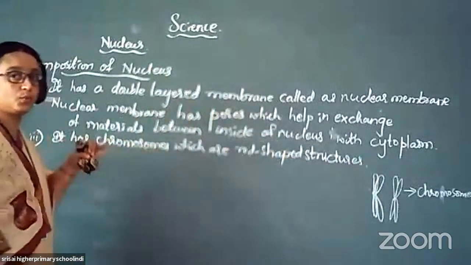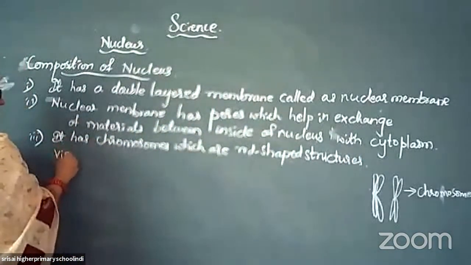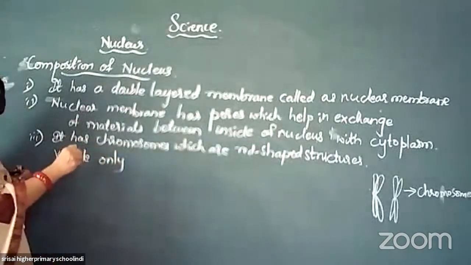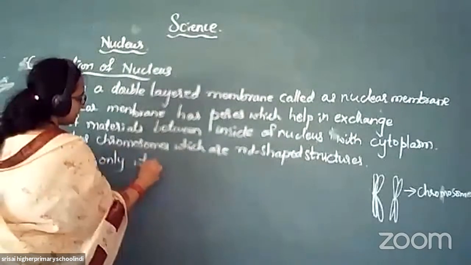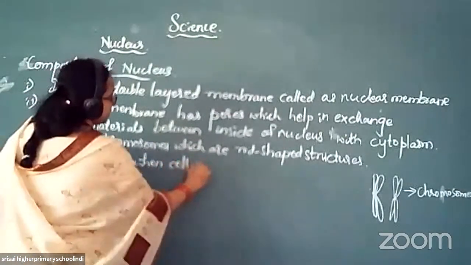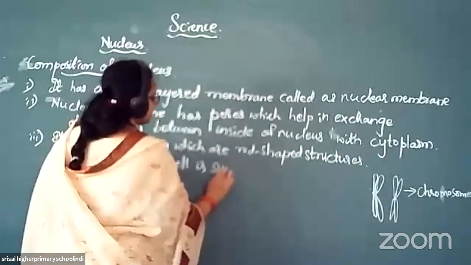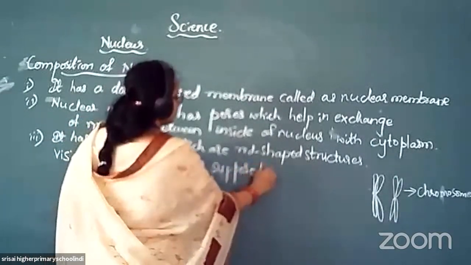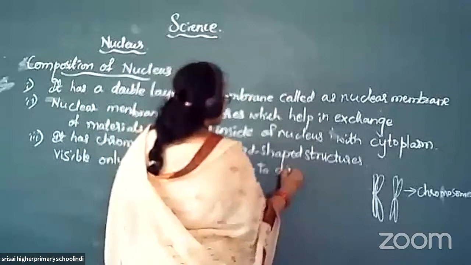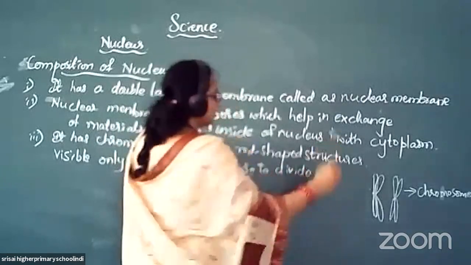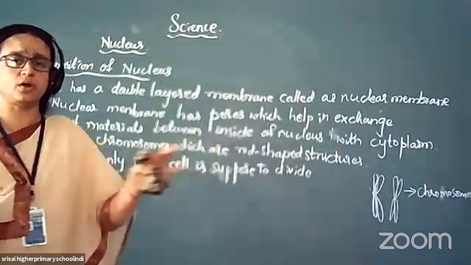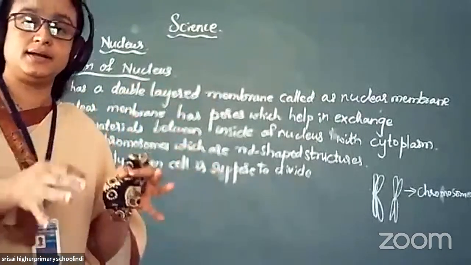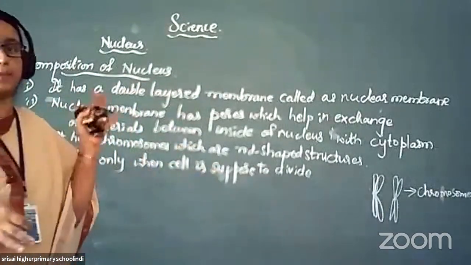Visible only when cell division is happening, only when the cell is supposed to divide. If the cell doesn't want to divide, this will not be present. They will be present in the form of entangled thread-like structures called chromatin material.